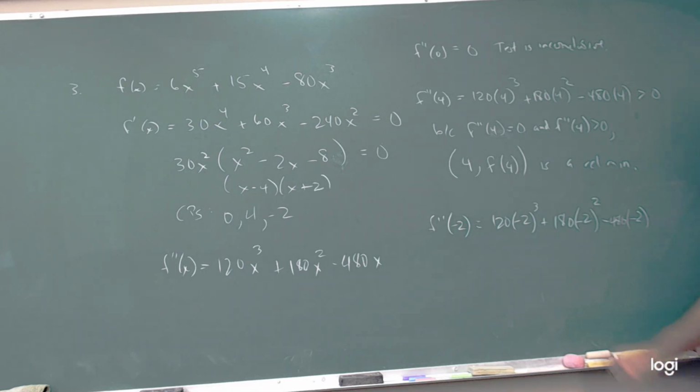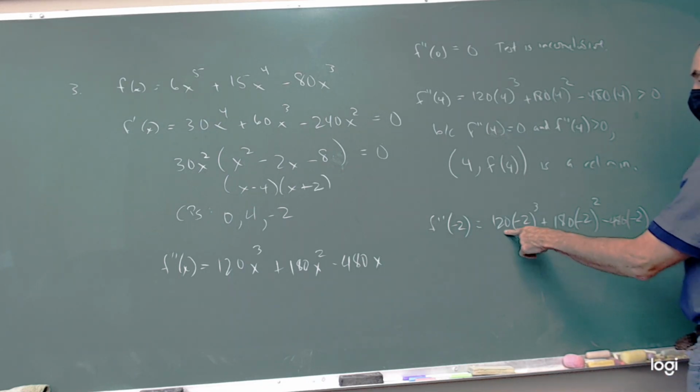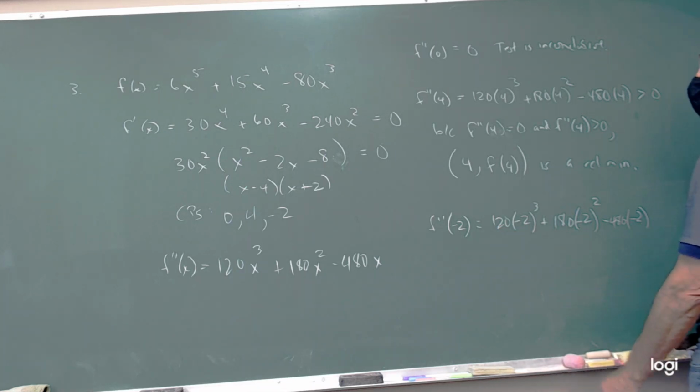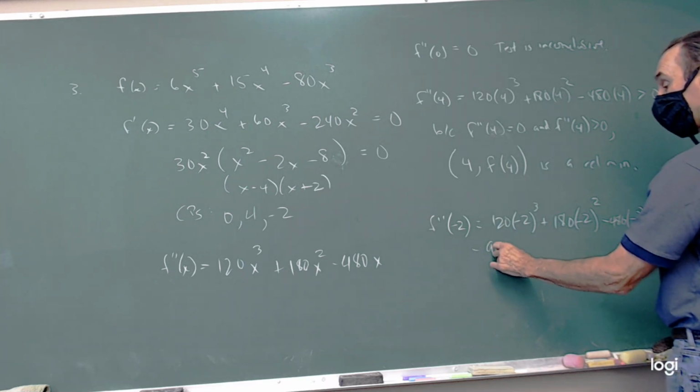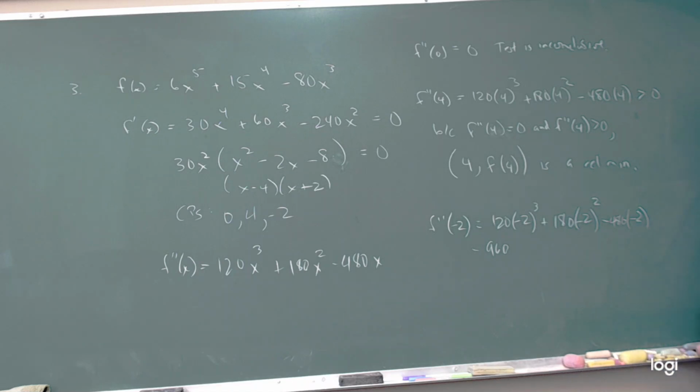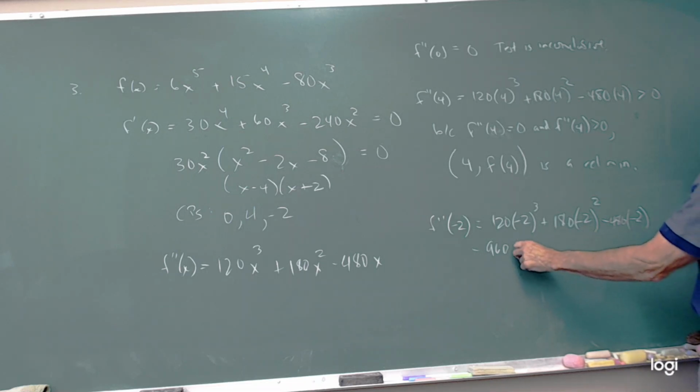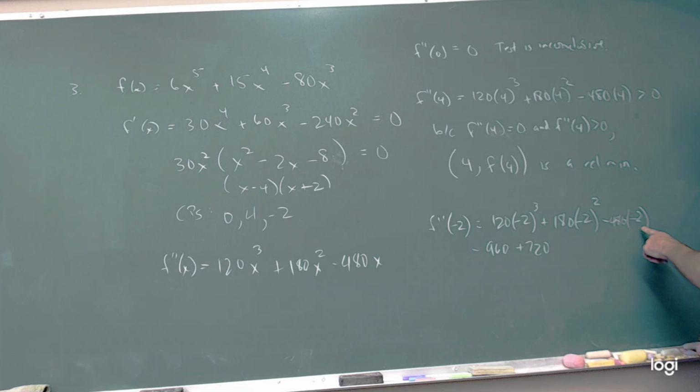Hope it's negative, otherwise it's not very interesting. 8 times 120 is 960, so is that a negative 960? That sound right? Yeah. Negative 2 squared is 4, 720. So that's 960. So it's positive, is that what I said? Well, that's a bummer. So then you have another relative min.